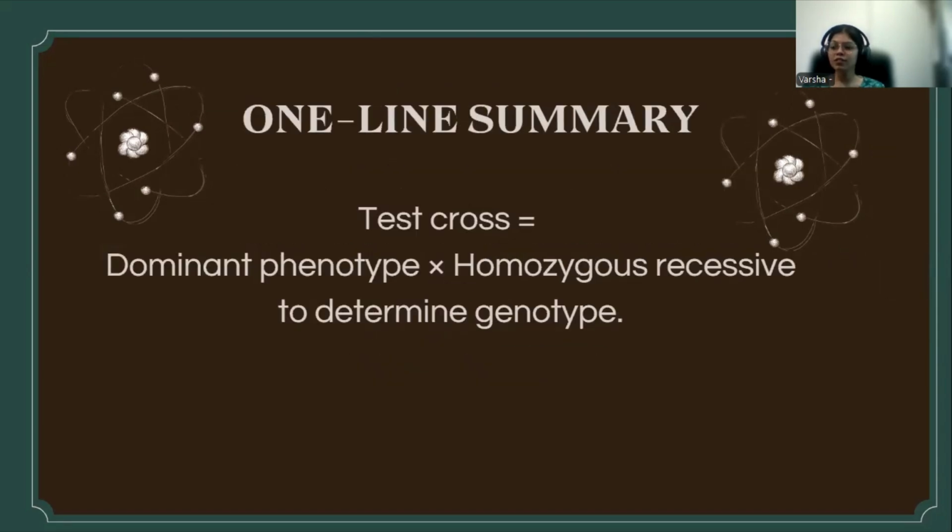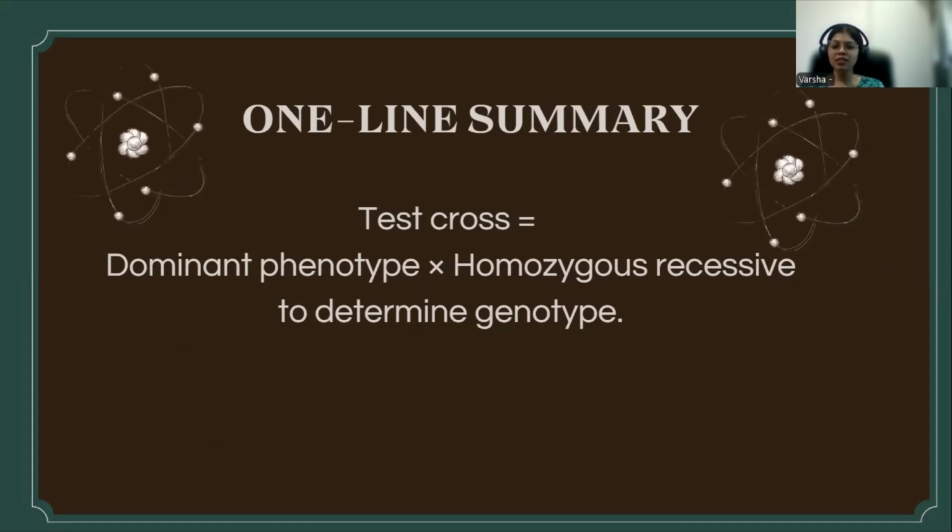Now let's do a recap of what we have studied so far. We studied that a test cross is a cross between a plant with unknown genotype but dominant phenotype. It is always crossed with a homozygous recessive plant, to know what the genotype of the plant is.